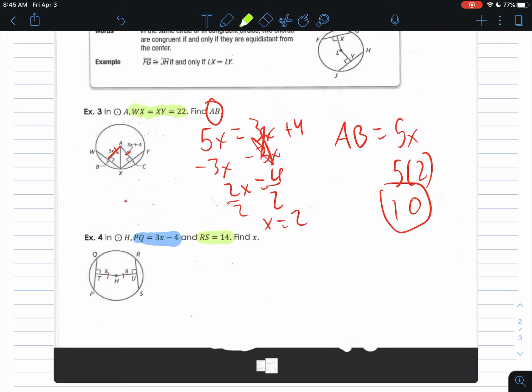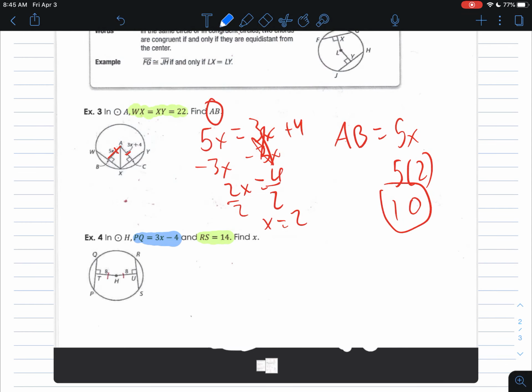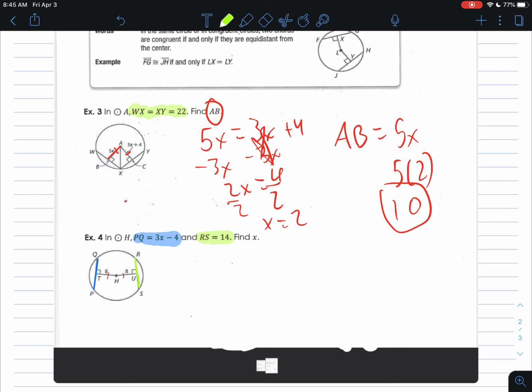Find x. So I'm using the same colors right here to indicate the measurements. And as we could see, PQ and RS, they're actually going to be congruent.